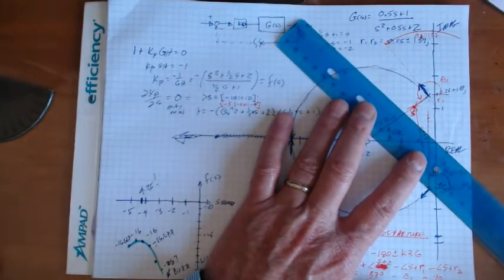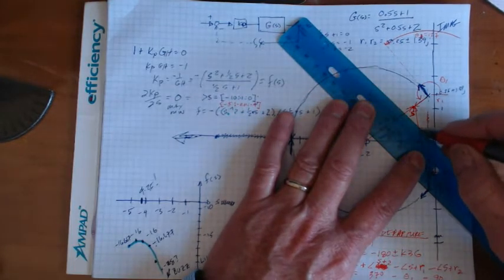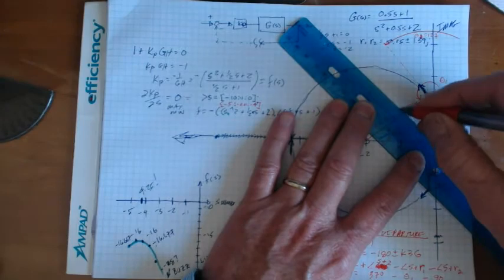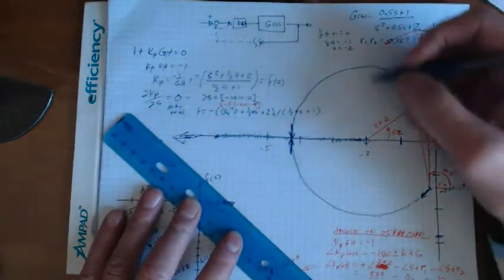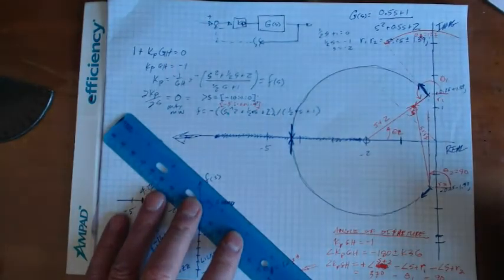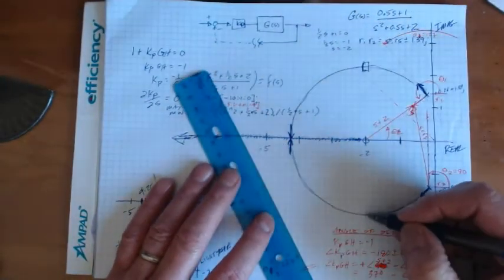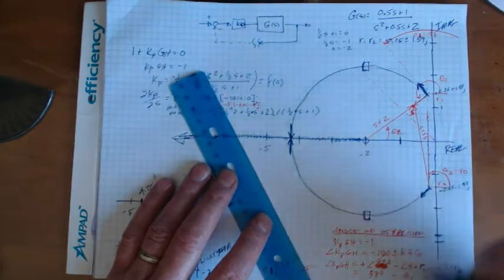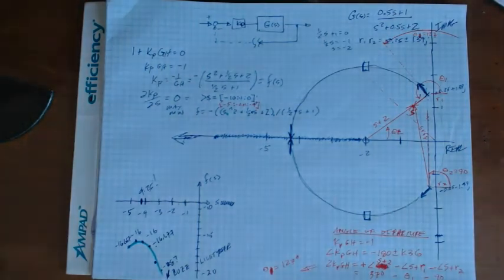That's going to be right along the 45 degree line right here, right? So let me put a dashed line there. I'm going to choose this and this to be my desired root locations. So those are my desired root locations.